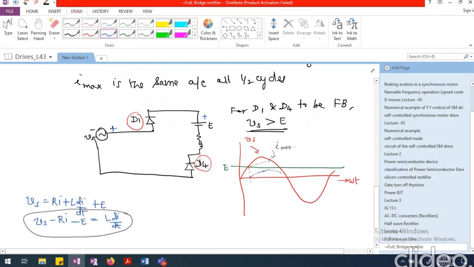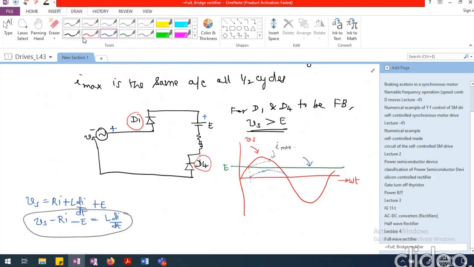And there is a better possibility of the current falling down to 0 in this particular case compared to the previous RL load case. That is because this voltage is also opposing the flow of current. It is going to actively resist the current continuing or the inductance getting quite a lot of energy.